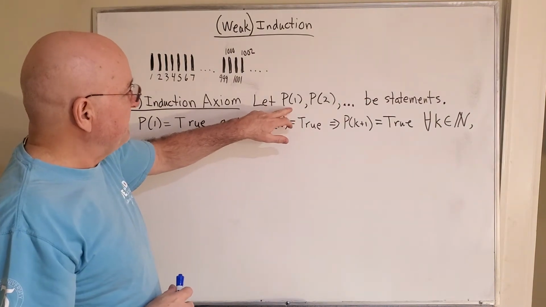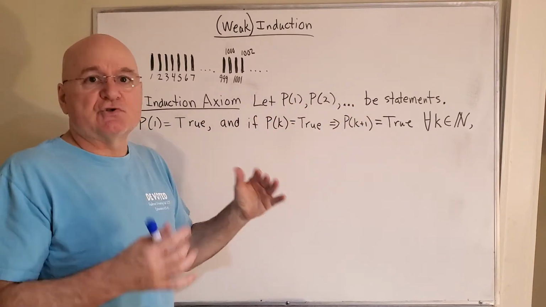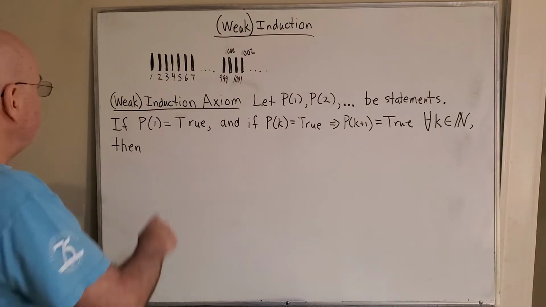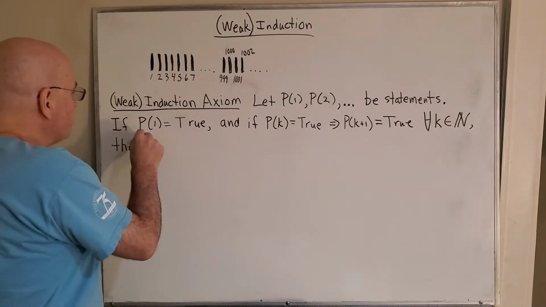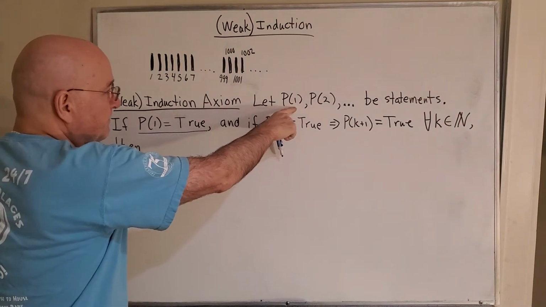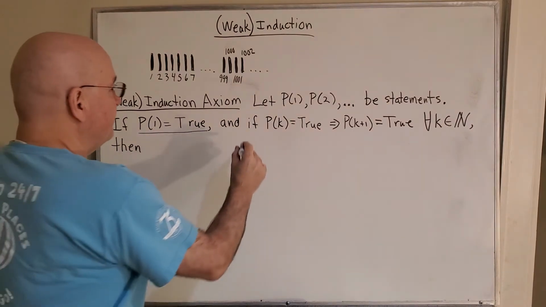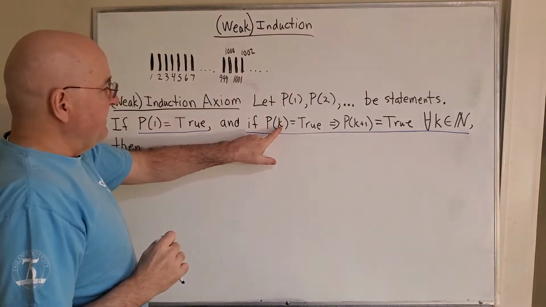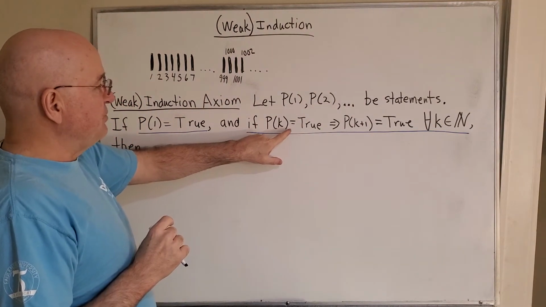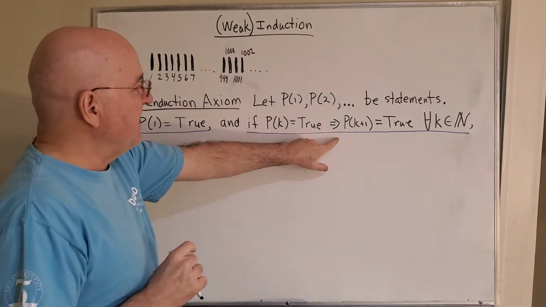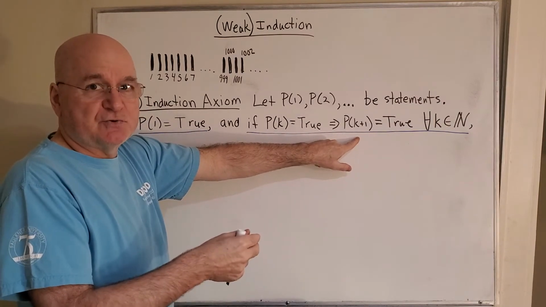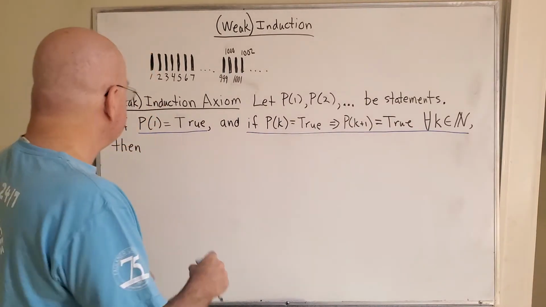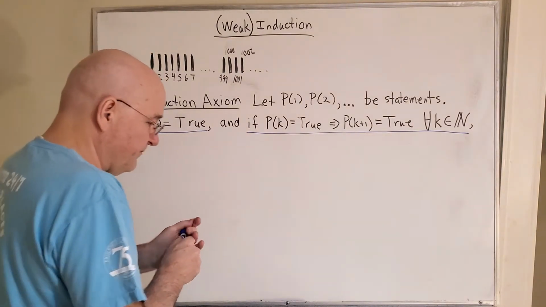So let propositions P1, P2, and so on be true or false statements. Here's the induction. If the first one, P1, is true, and if this statement holds true, if P of K being true implies P of K plus 1 is true for all natural numbers K, then what can we say?